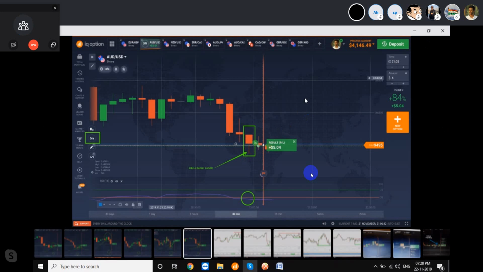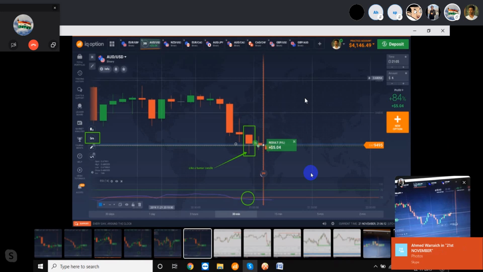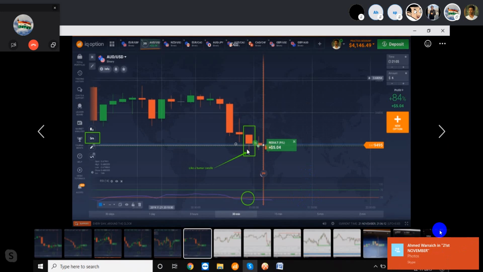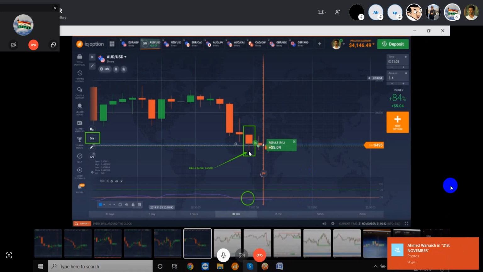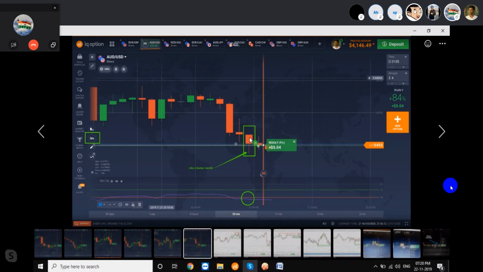Exactly, the wick is very small. Tail or wick, whatever, a shadow, it's fine. That small wick is not considerable. At least this wick or tail should be a minimum of 2 times its body. Then only we will be placing a trade for buy. Getting it?